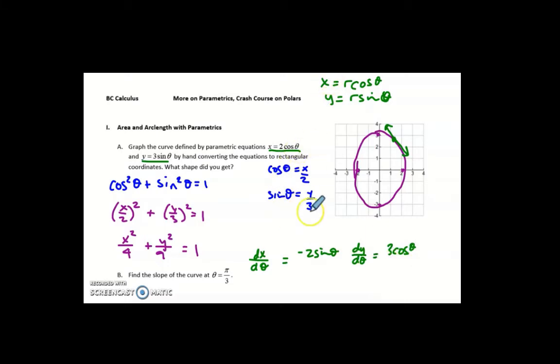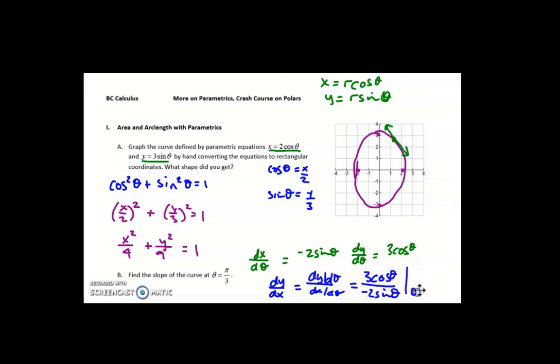Then, just like with regular parametrics, to find the slope, you actually need dy dx. So you're going to take dy d theta, divide by dx d theta. So dy d theta was 3 cosine theta, dx d theta was negative 2 sine theta, and that is dy dx, or the slope of my ellipse at any theta value.